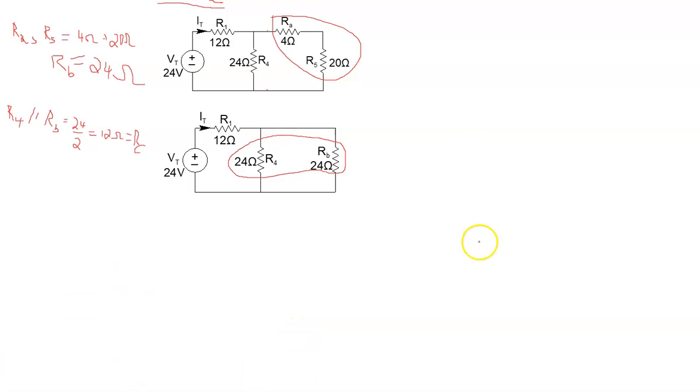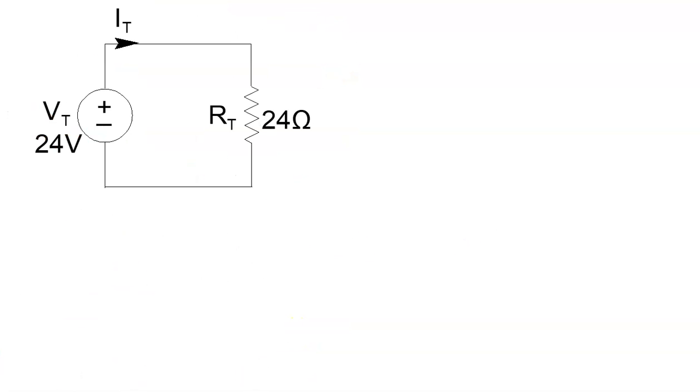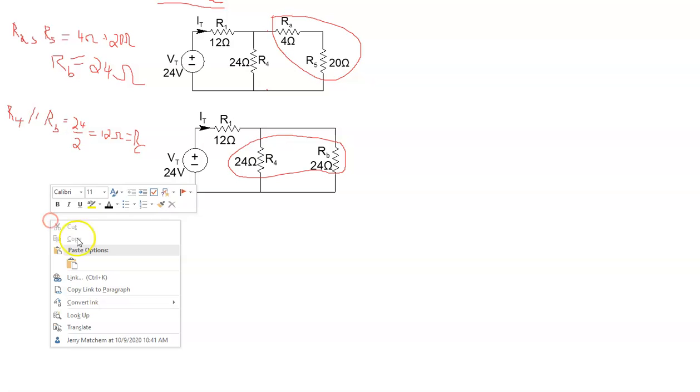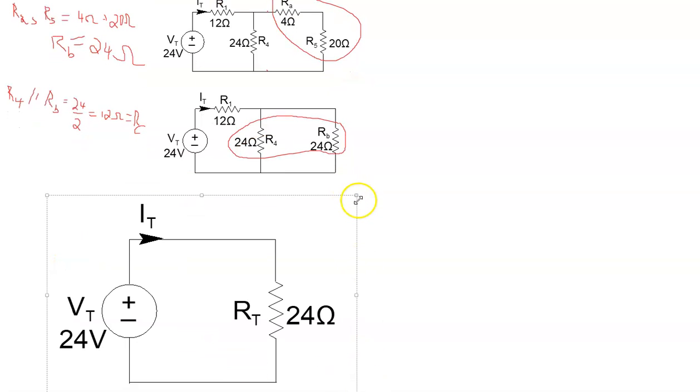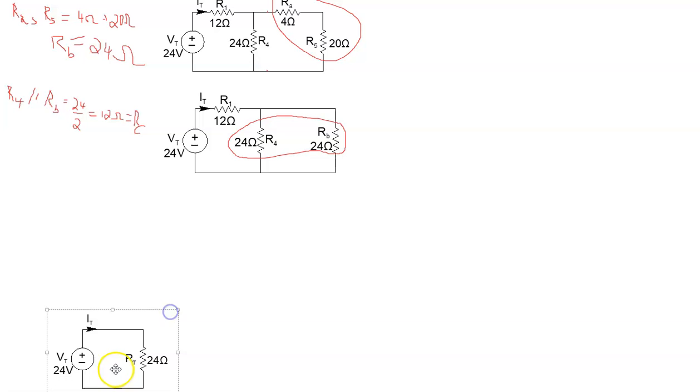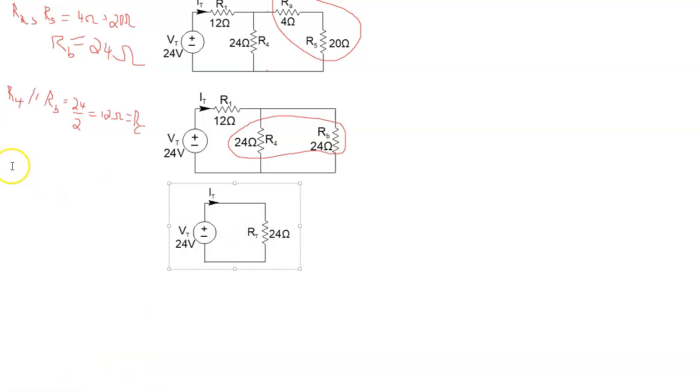Okay, so now you'll notice that I redrew this one last time, which is probably not necessary at all to show RT there. But in any event, now our calculation for RT then is to realize that, okay, so why did I do that?